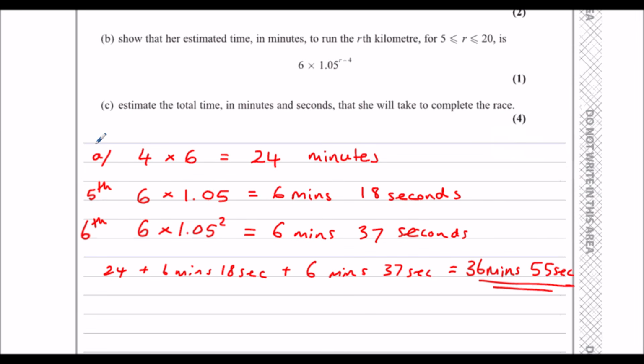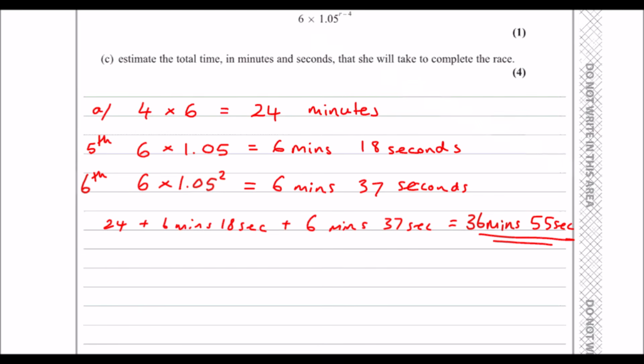So part B, show that her estimated time in minutes to run the rth kilometre, for r between 5 and 20, is 6 times 1.05 to the power of r minus 4. So the 5th kilometre was 6 times 1.05 to the power of 1. The 6th kilometre is 6 times 1.05 squared.